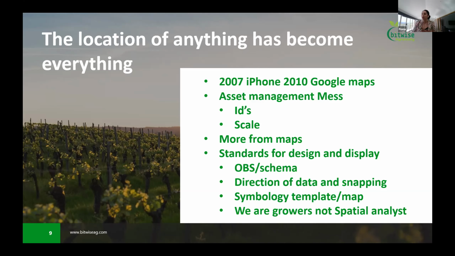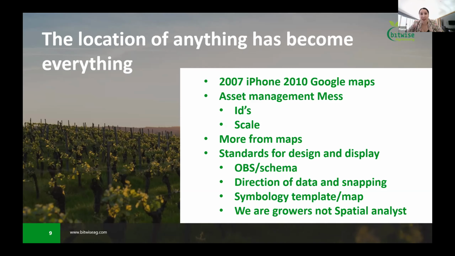What we do is we have what we call our organisational breakdown structure. It's a pretty loose asset hierarchy for vineyards. We look at the owner, the company, then we go down to the next level, which is the site, the next level, which is the block, the next level, which is the row, and the next level, which is the plant.